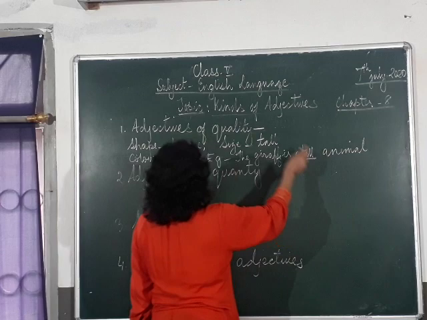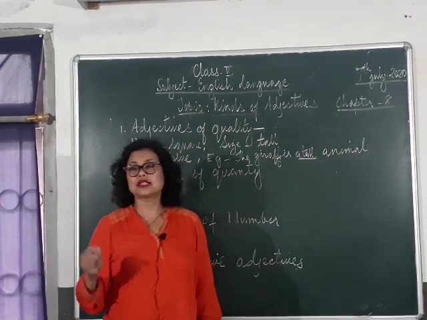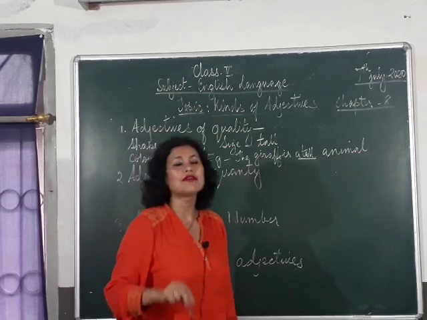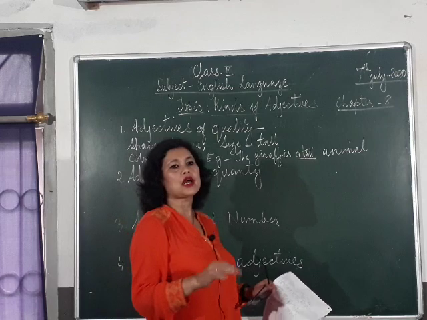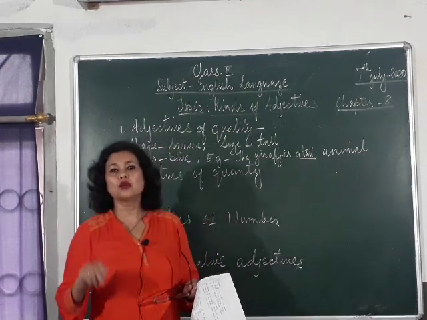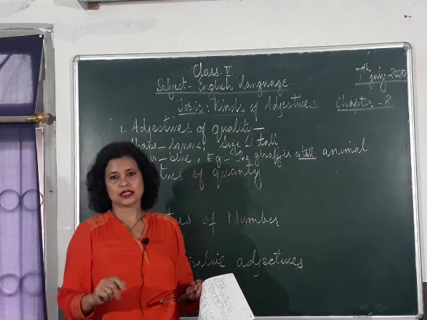So tall is an adjective of quality. Honest man: honest is an adjective of quality. All right. My father bought for me a round table. Round is an adjective of quality.